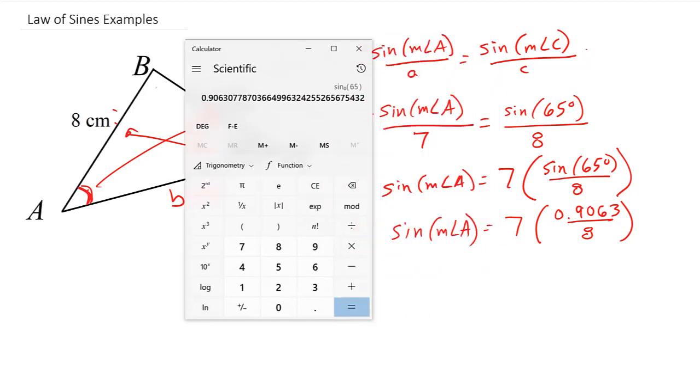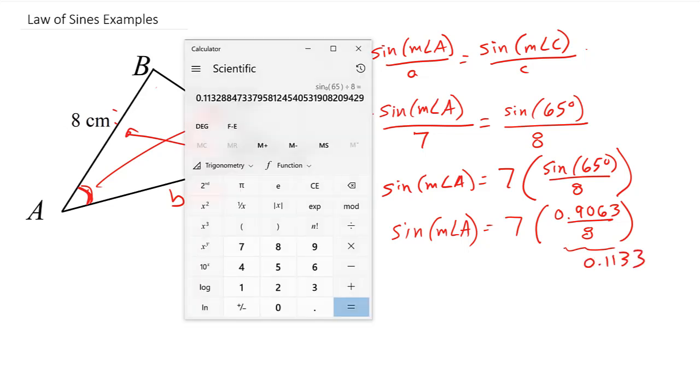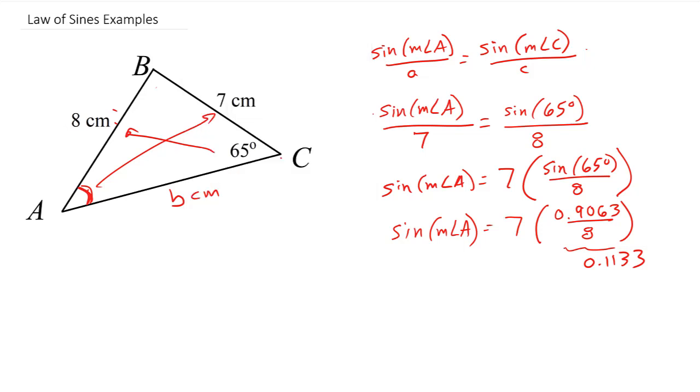So we need that value divided by 8. So that's going to tell us that this value in here is approximately 0.1133. And we'll multiply that by 7. So 0.793.